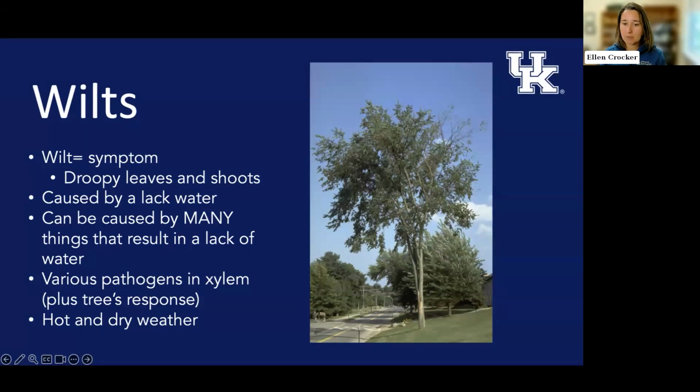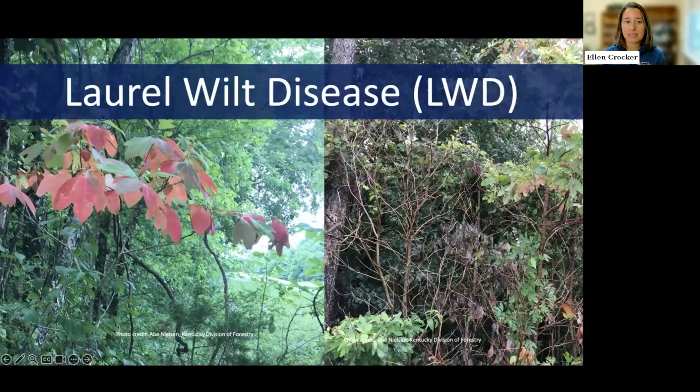So as an example of that, I want to use another invasive disease that we have in the state, and that's laurel wilt disease. It, as the name implies, is a wilt in that it causes those same wilty symptoms. Here you can see early fall color, and that is also associated with a sign of stress in the tree and a loss of water, as well as dead trees.